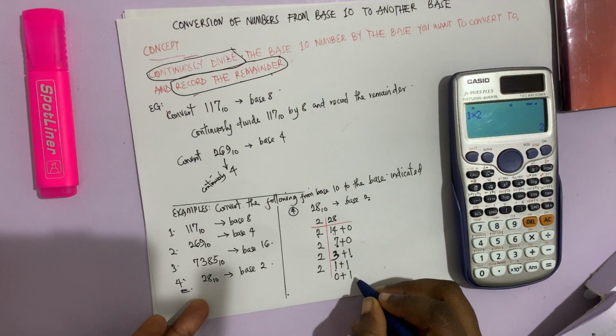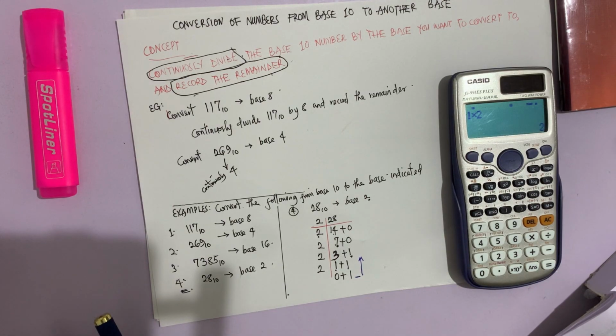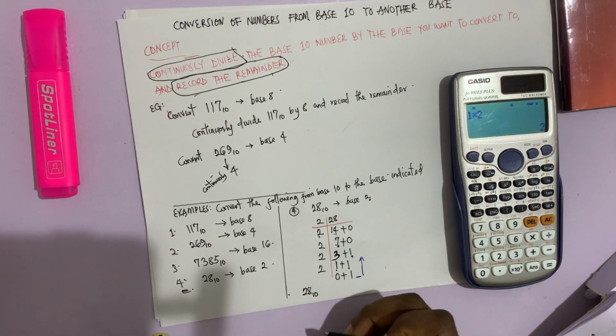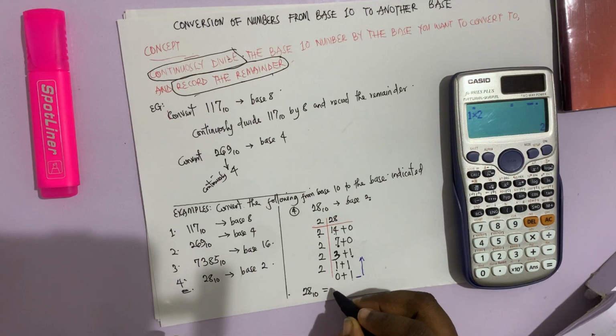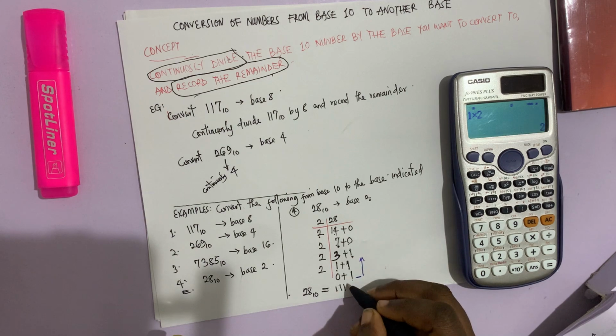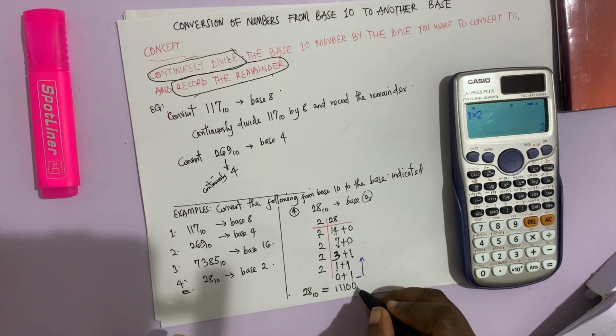You start from the last remainder here and go up all the way. So our 28 base 10 will become, starting from the lowest part, we keep writing 1, 1, 1, 0, 0. The base we are working with is 2.